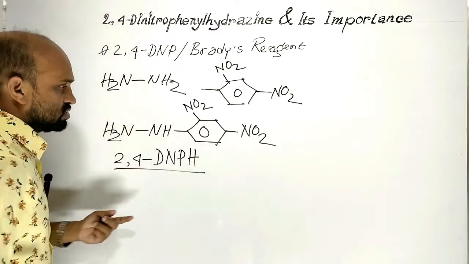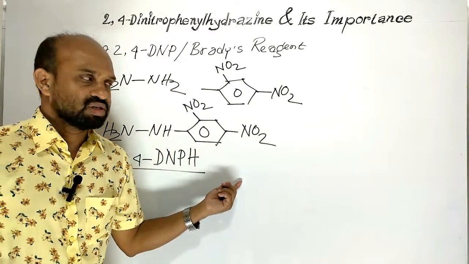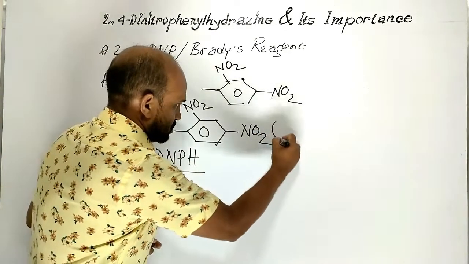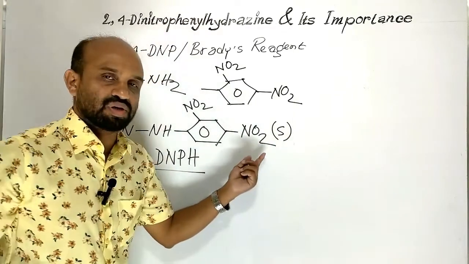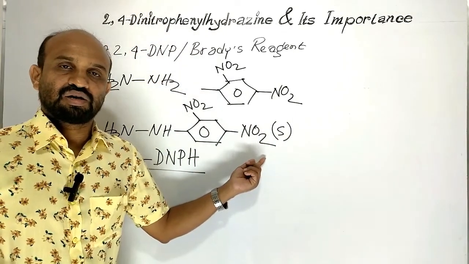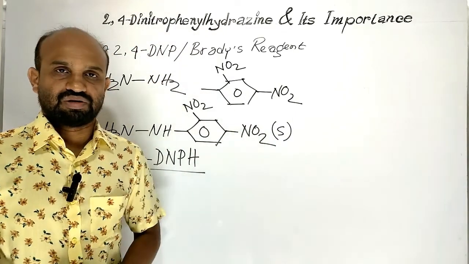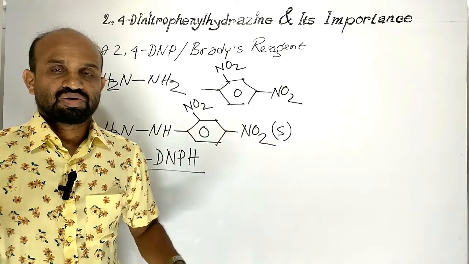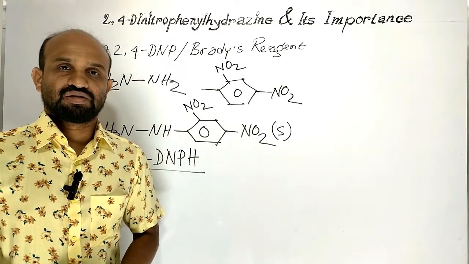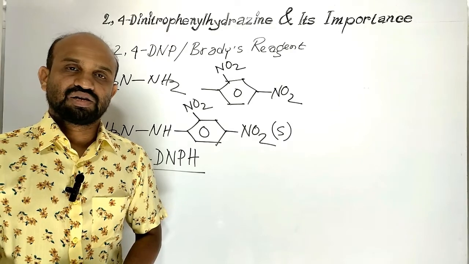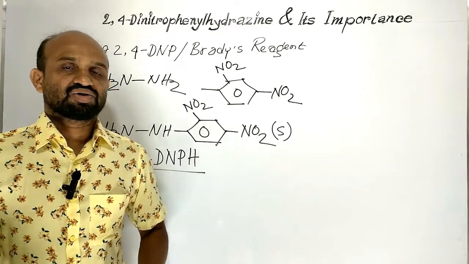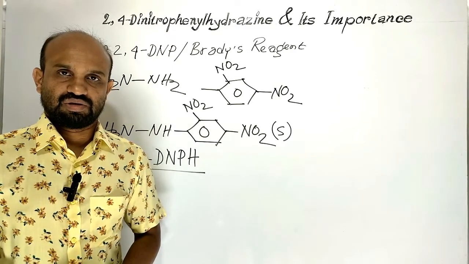This is the compound which is solid at room temperature and its color is yellowish red. So 2,4-DNPH is yellowish red in color and solid at room temperature.